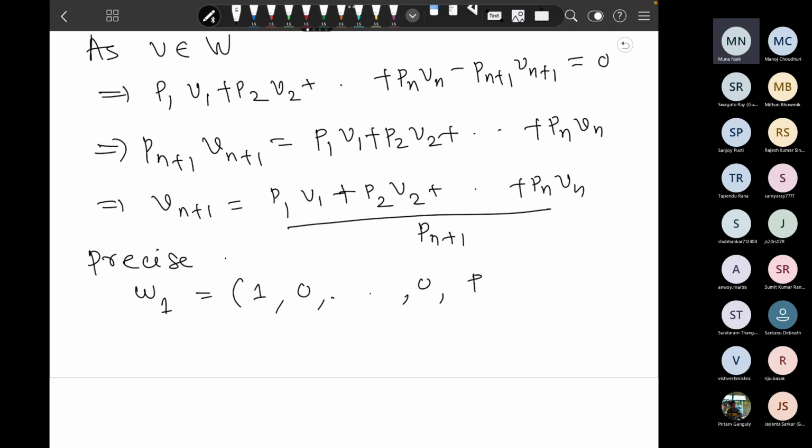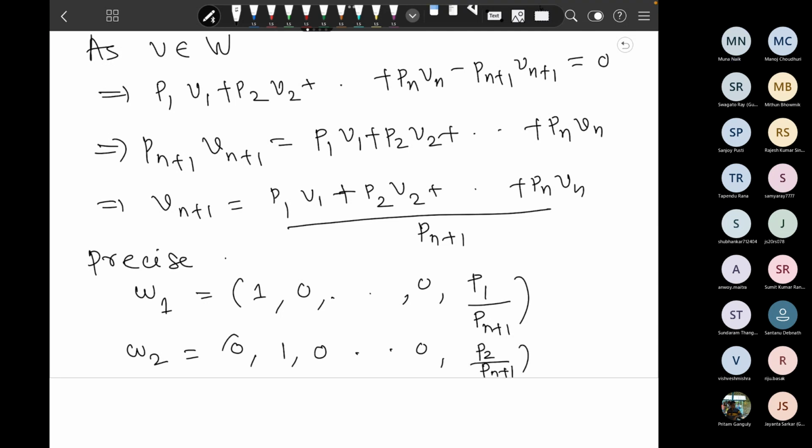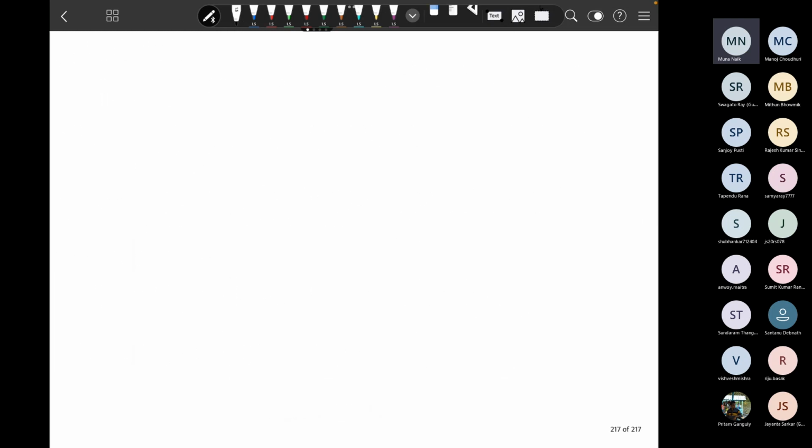So what I'm saying, this last coordinate will be p1 by pn plus 1. Similarly, w2 will be 0 1 0 0 0 p2 by pn plus 1, and this wn is equal to 0 0 0 1 and pn by pn plus 1.